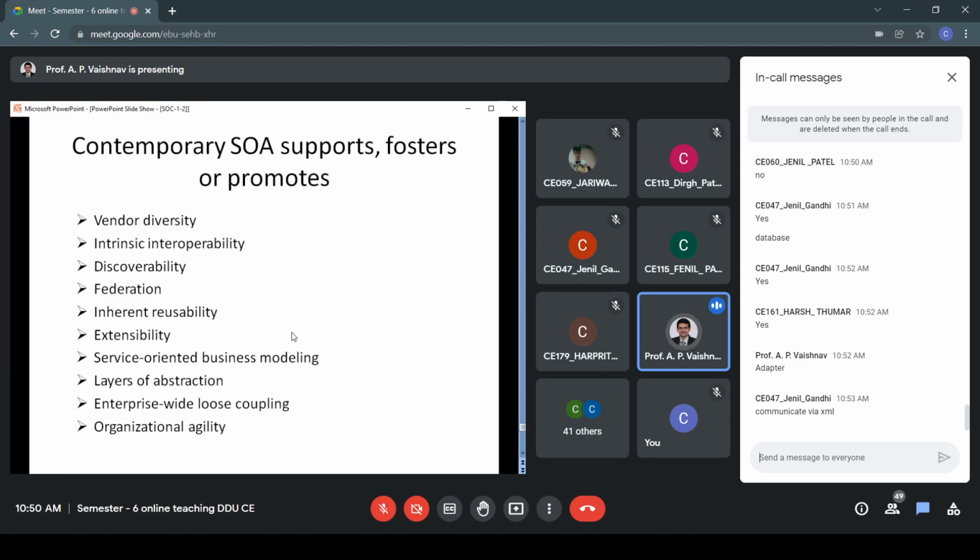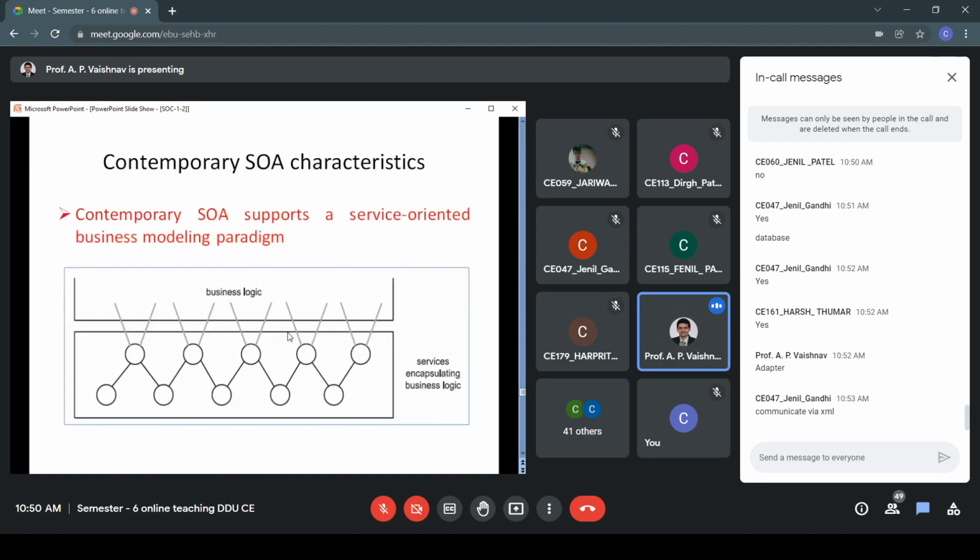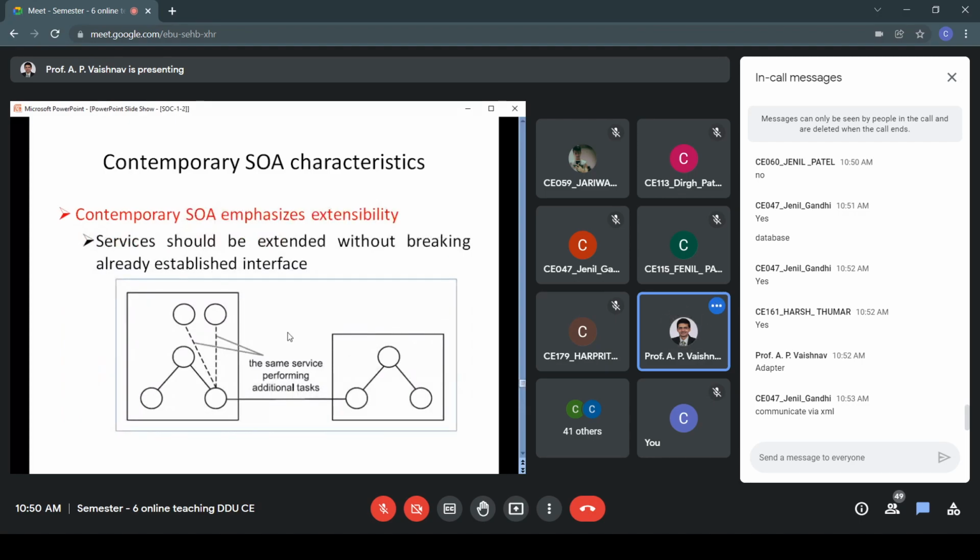Reusability is again very obvious. We try to design services which are reusable so that you don't have to write the code once again. It can be reused in other projects. Extensibility, right? Let me go back to the diagram. Suppose you are currently using one service that supports 3 operations, or methods.